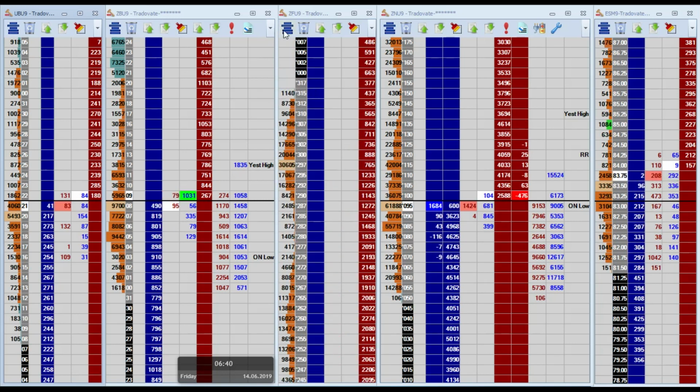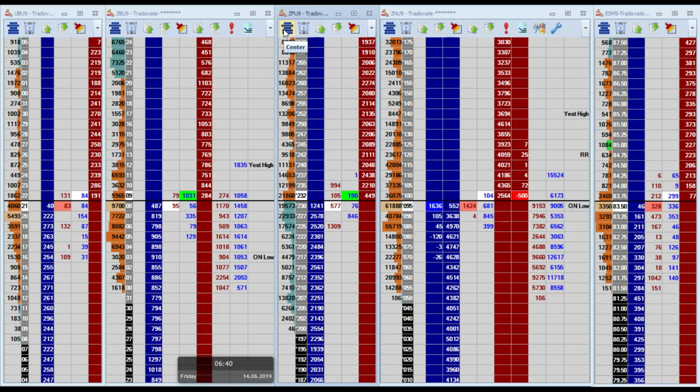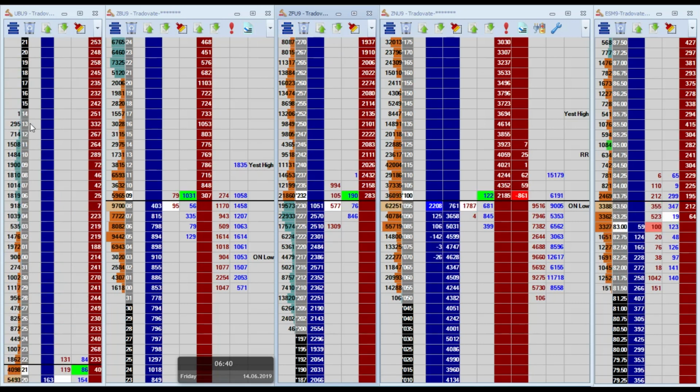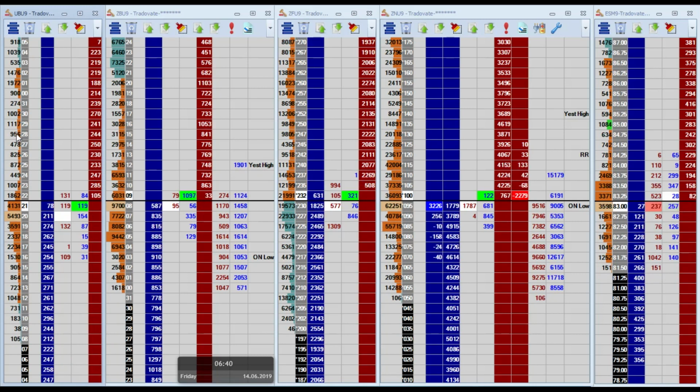A lot better structure than we have today. And I noticed that the Ultra Bond was like 8 or 9 ticks off the high still. So imagine it was way down in here. And I just thought, you know, that needs to catch up. It just has to.